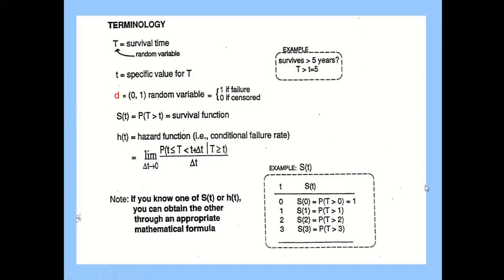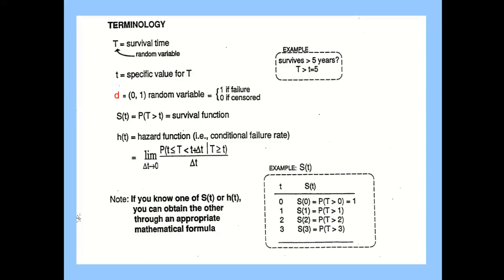At time t equal to 0, what's the probability that somebody is going to survive longer than when the study starts or when they entered the study? 1. Probability at the start is always 1. When t is equal to 0, S of t, or S of 0, is 1. Okay? What happens after that?